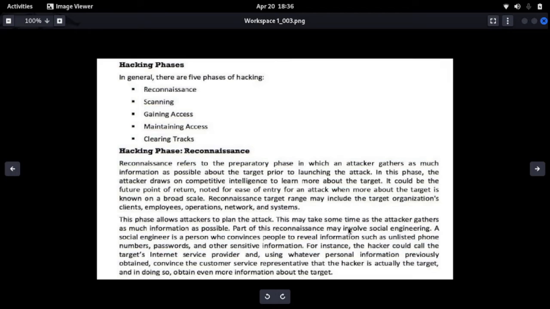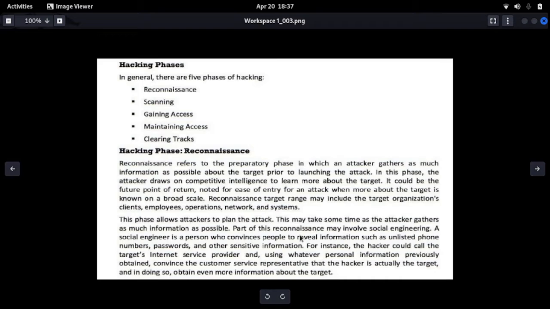Part of this reconnaissance may also involve social engineering. A social engineer is a person who convinces people to reveal information such as unlisted phone numbers, passwords, and other sensitive information. For instance, the hacker could call the target's internet service provider and, using whatever personal information previously obtained, convince the customer service representative that the hacker is actually the target, and in doing so obtain even more information about the target.